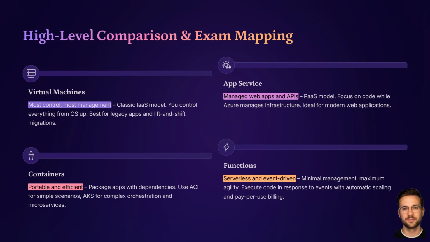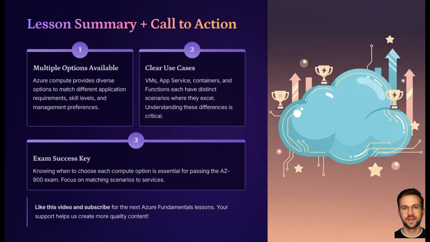Let's recap what you learned in this lesson. You learned that Azure offers multiple compute services at different levels of abstraction. Azure Virtual Machines for full control with infrastructure as a service. Azure App Service for managed web applications and APIs. Containers in Azure using services like Azure Container Instances and Azure Kubernetes Service.